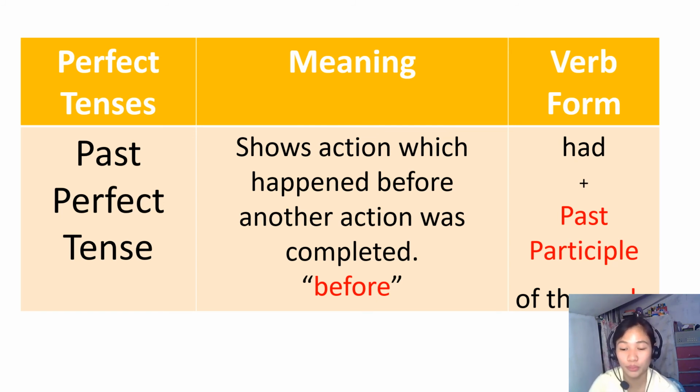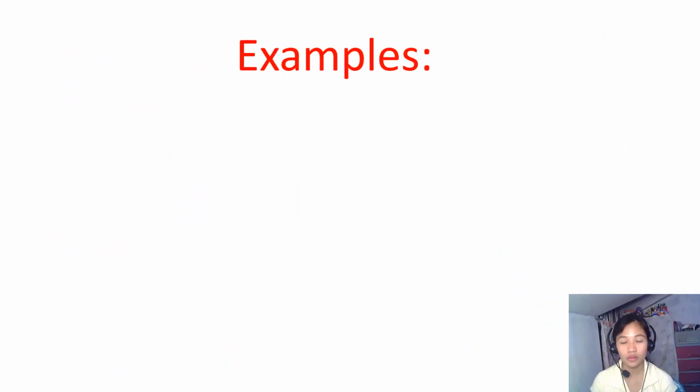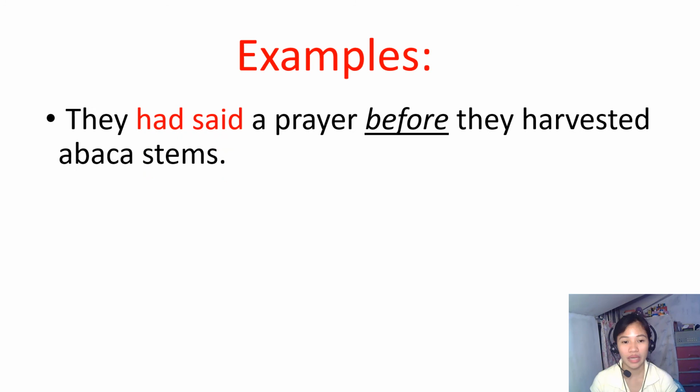For the verb form, we should use had plus the past participle of the verb. Take a look at this example. They had said a prayer before they harvested abaca stems.